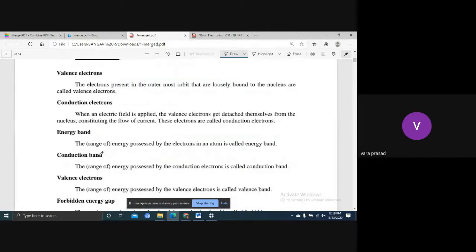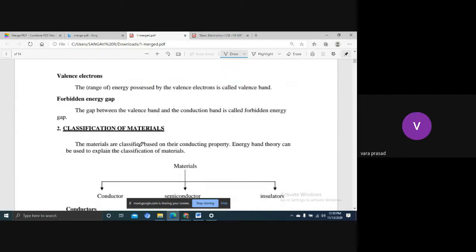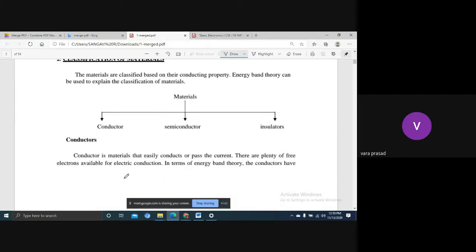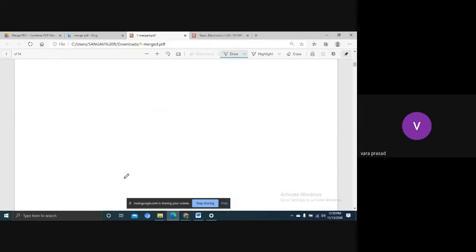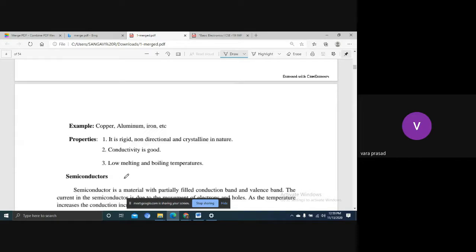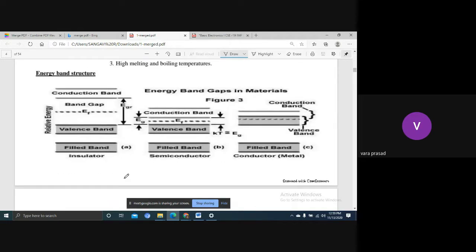See here, this overview of semiconductors you already studied in physics. What is the classification of material? Material: conductor, semiconductor, insulator. I hope you also studied it in plus 2. The energy band diagram of conductor, semiconductor, insulator: for an insulator, there is a very huge energy gap.